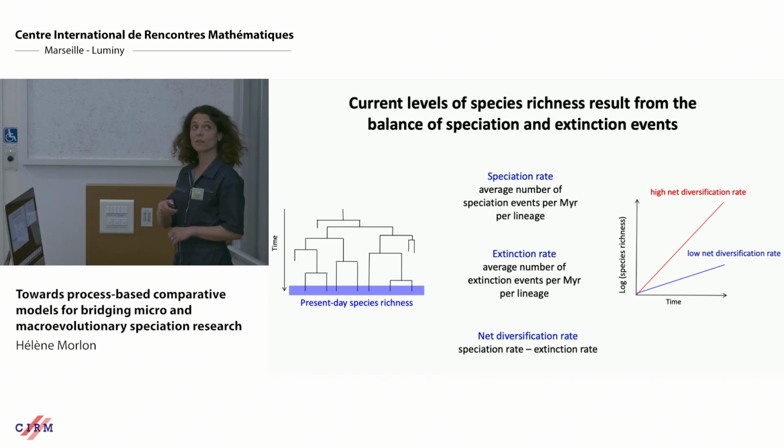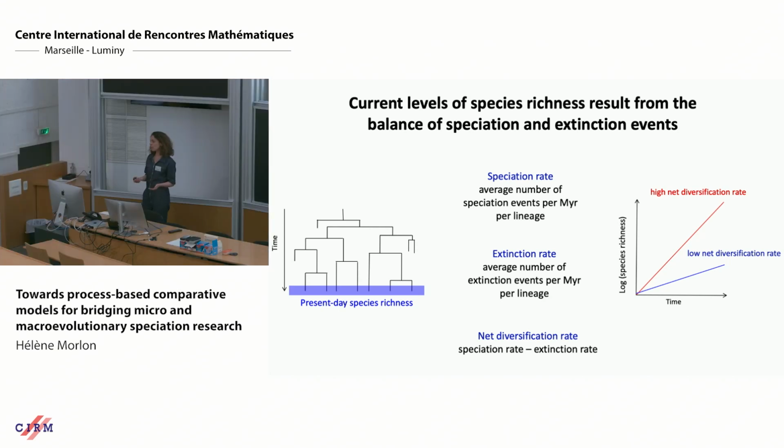If we start at a given time, a group with low net diversification rates is going to accumulate species slowly and will end up having fewer species at present than a group with higher net diversification rates.